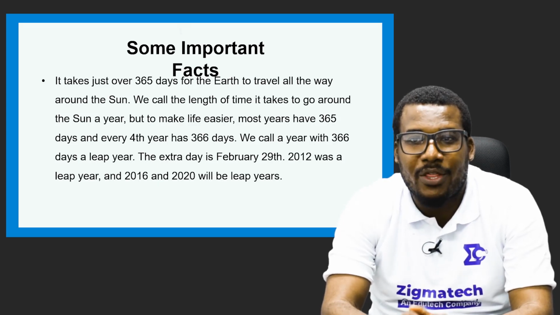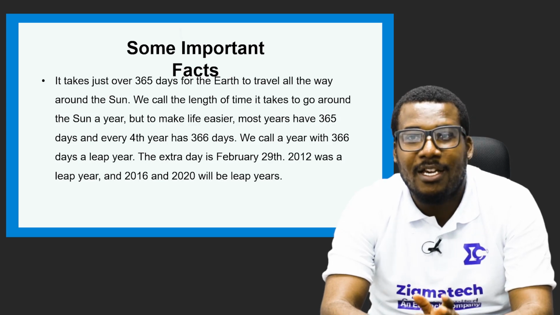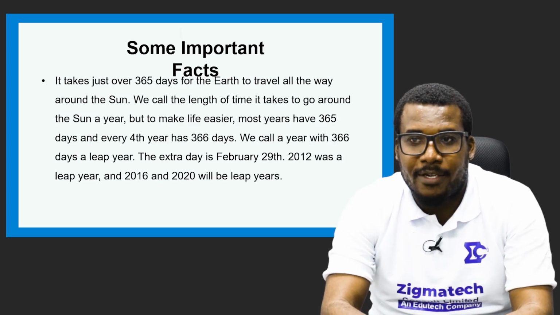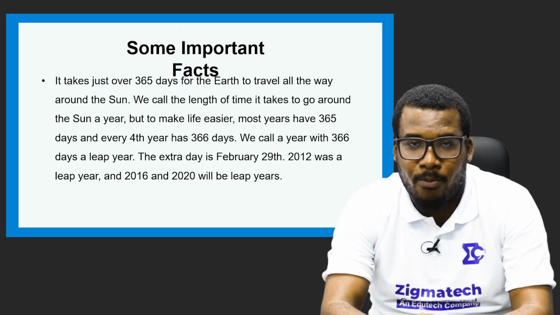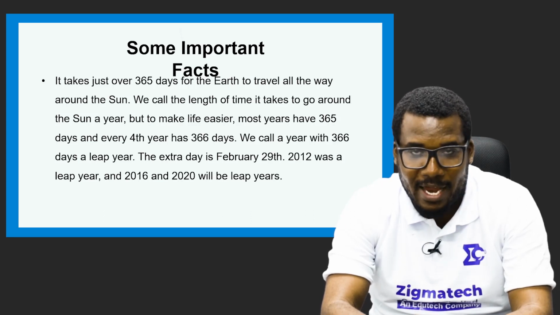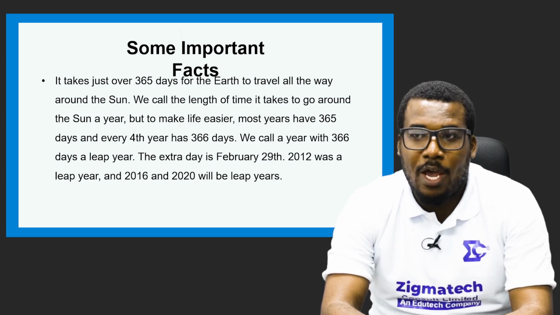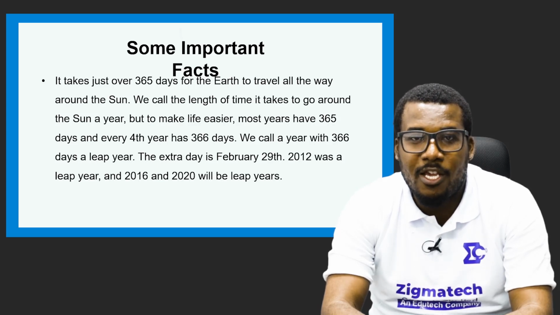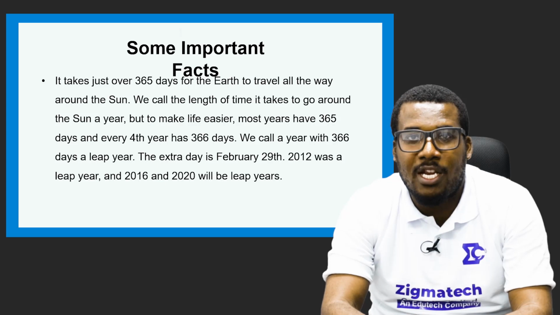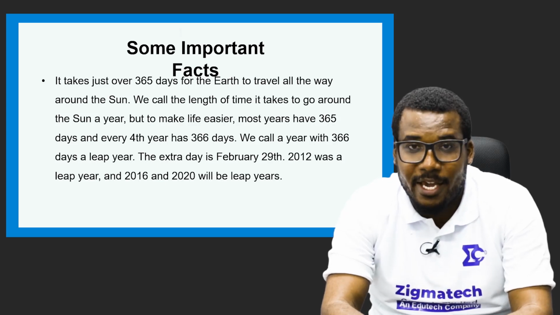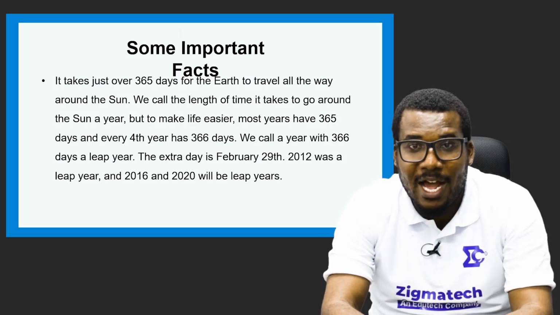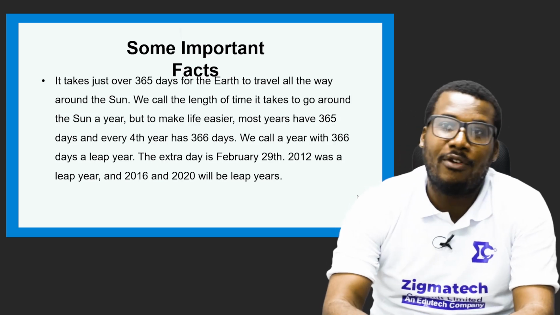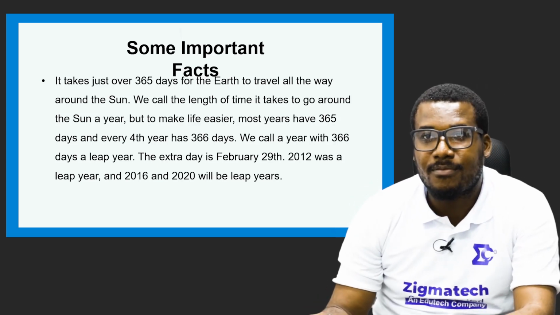We call a year with 366 days a leap year. The extra day is February 29th. Now, 2012 was a leap year, 2016 a leap year, 2020 also a leap year. It then means by next year, we'll be celebrating another leap year, 366 days.